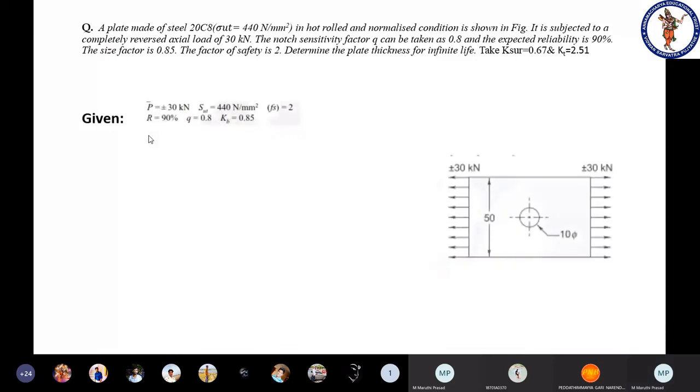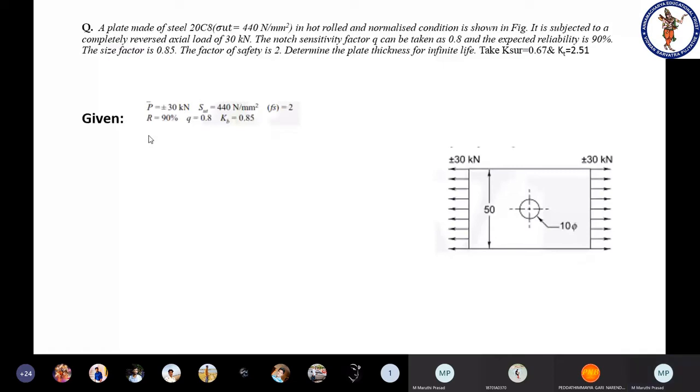Note down the problem. A plate made of steel 20 CH with ultimate strength of 440 Newton per mm square in hot rolled and normalized condition, as shown in the figure.